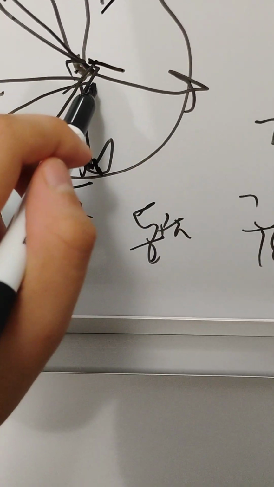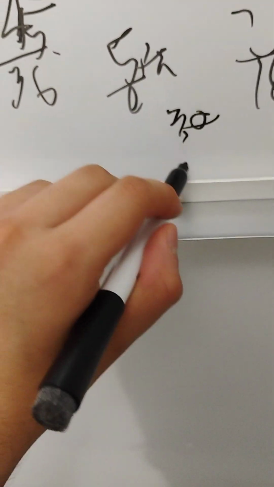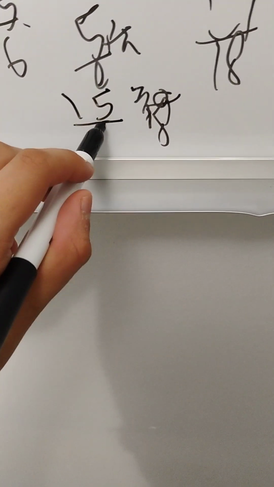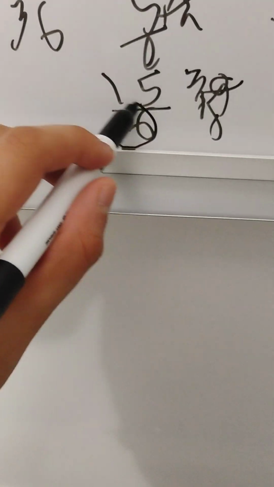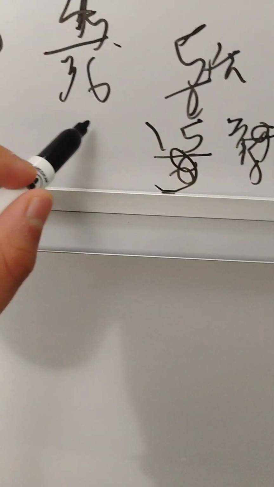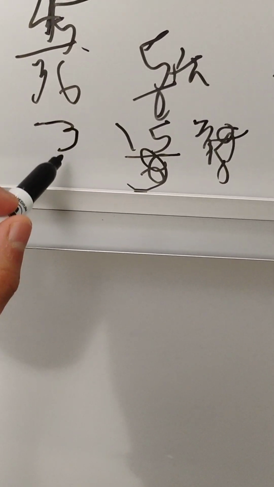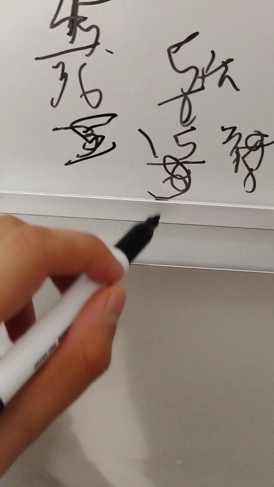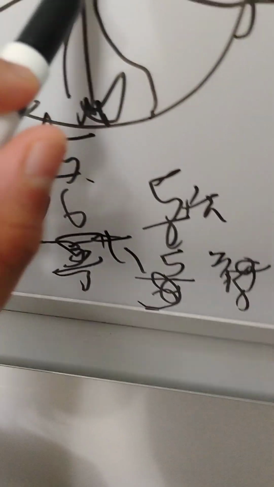Since this is 270 degrees, next it'd be 300 degrees. So it'd be like 30 over 18. We can simplify that into 15 over 9, I'm sorry about that. If you divide by 3 on both, that'd be 5 pi over 3, right? And that would be 5 pi over 3.